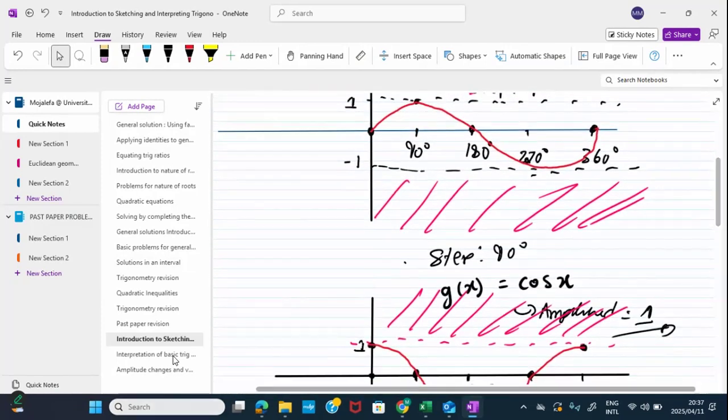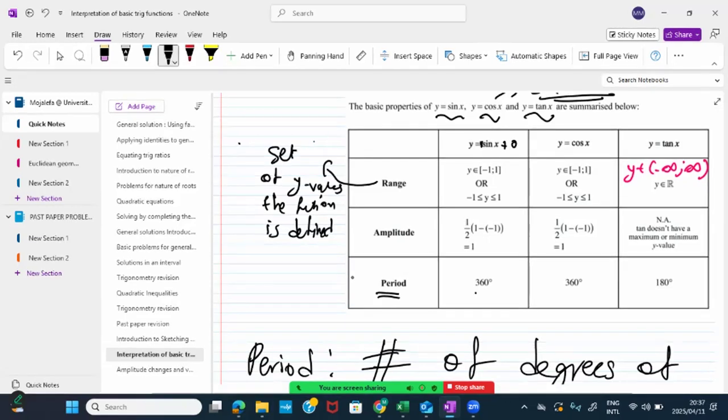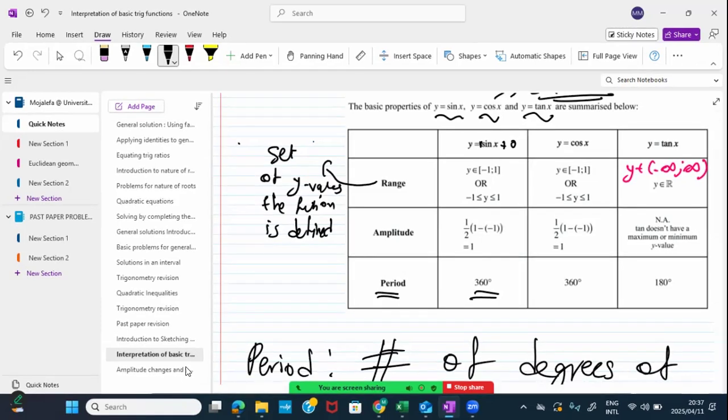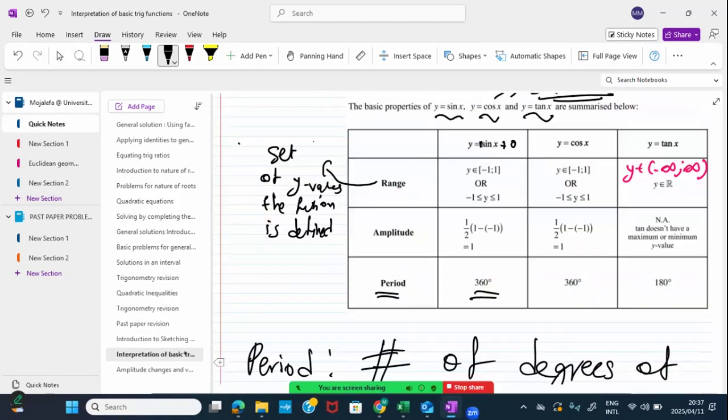Okay, so the period of sine x is always going to be 360, of the basic sine. Then we go back to cos x. How many degrees are required for it to complete a full cycle? 360 again.